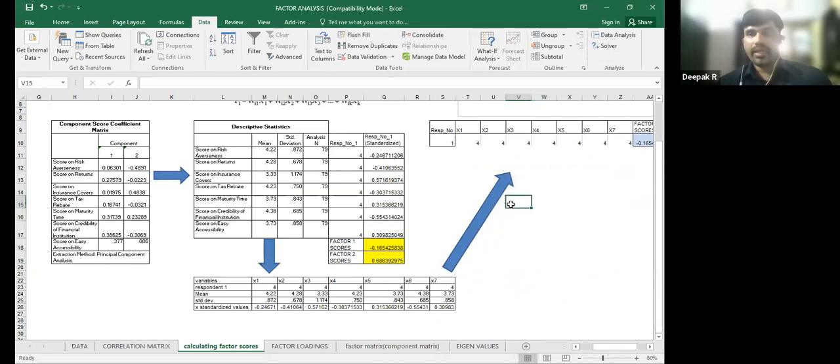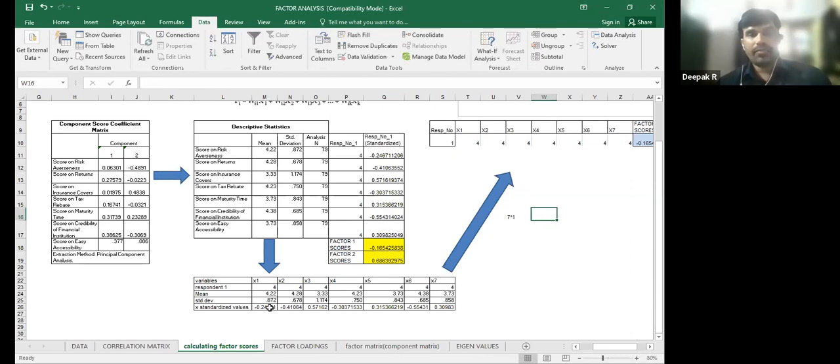I can do it in terms of matrix multiplication also. You will notice that you have these weights, which is a matrix with 7 rows and 1 column.